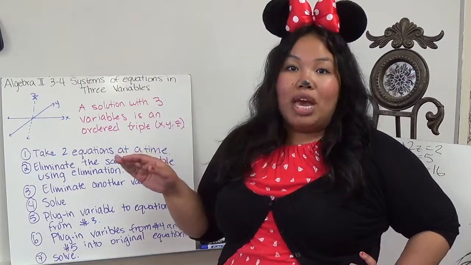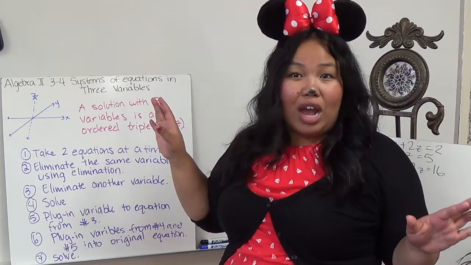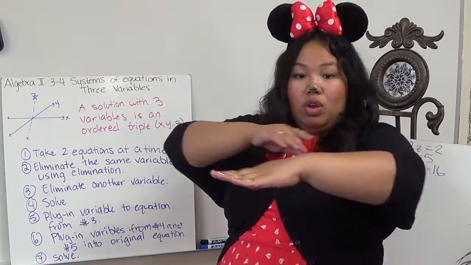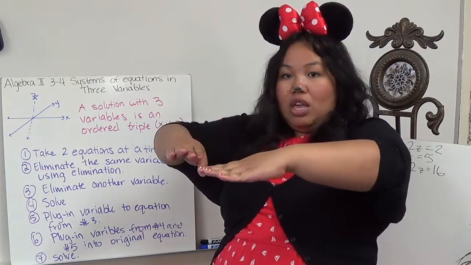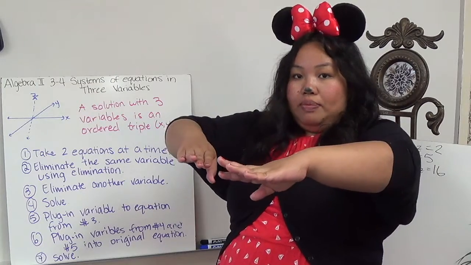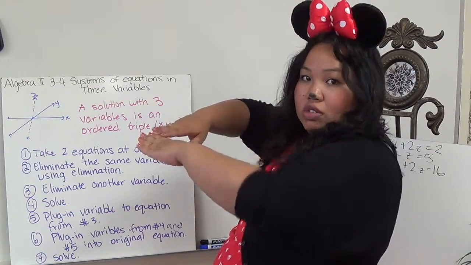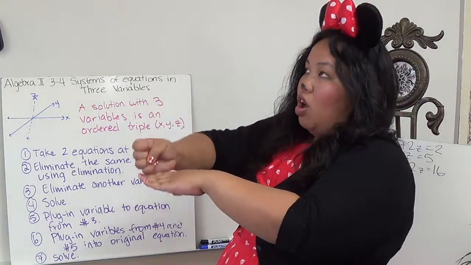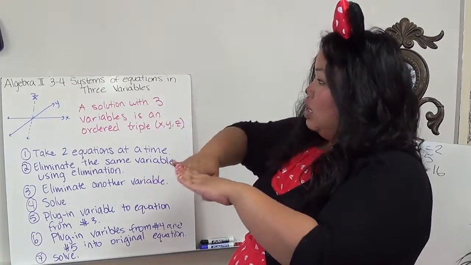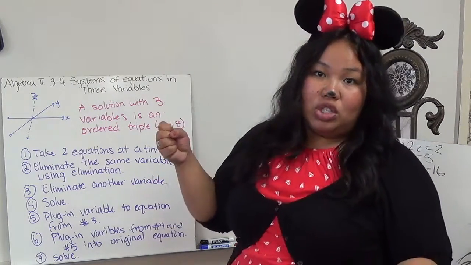Now imagine the corner of your house, where you have the walls going left and right, and then the wall comes up. That is 3-dimensional, okay?